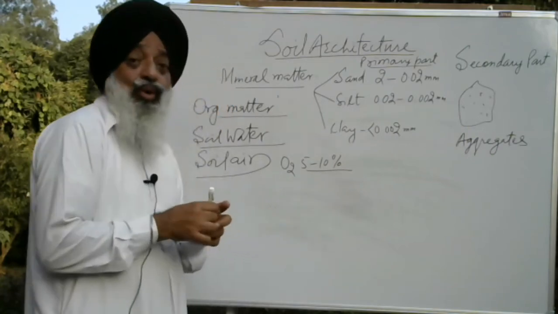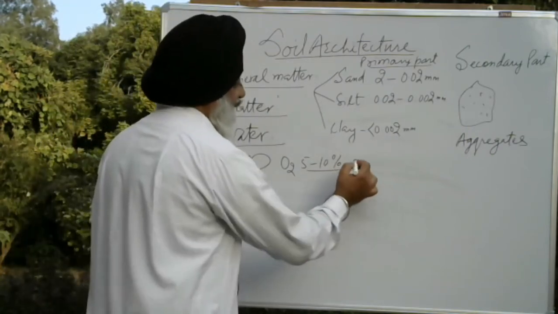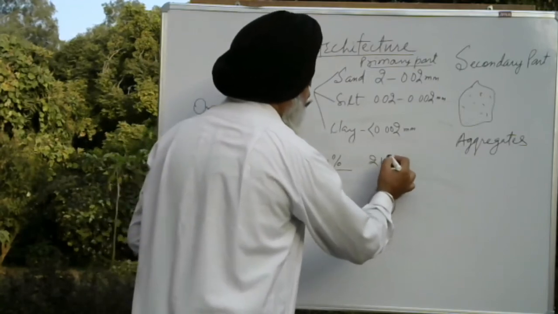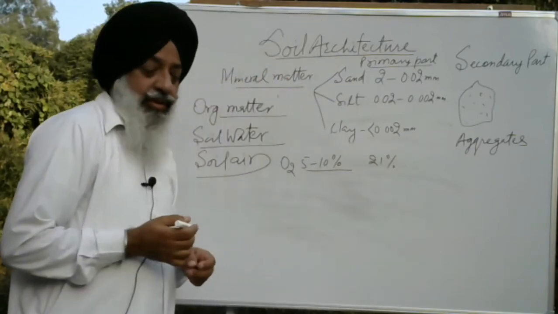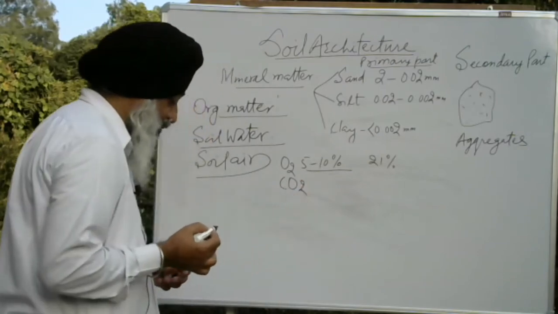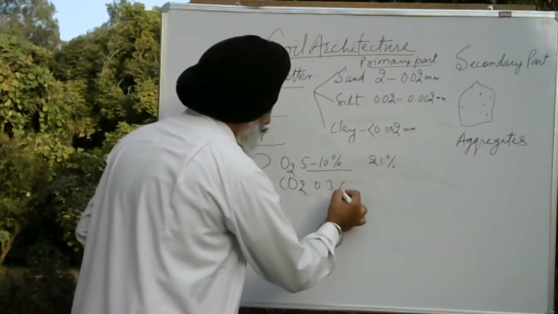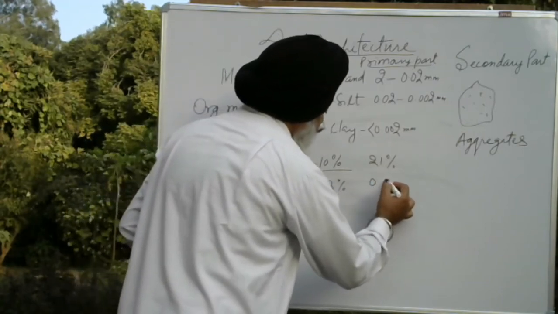And it could be even lower when you go deep into the soil. But in the atmosphere, the oxygen content is 21%. Similarly, carbon dioxide in the soil is around 0.3%, and in the atmosphere it is 0.03%.